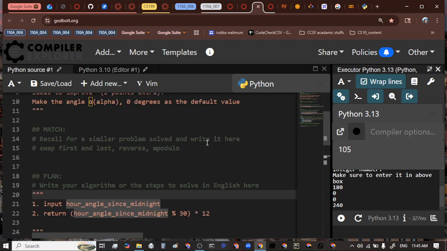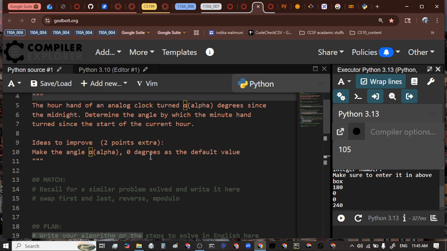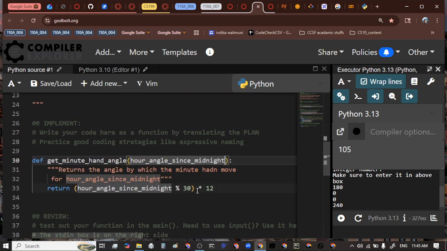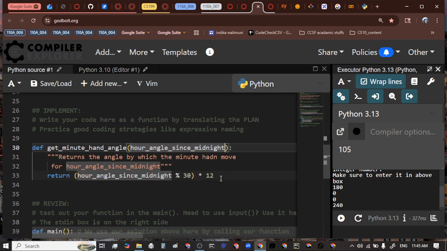So how can we make this default to 0 degrees? How can you make the angle alpha, which is this one, default to 0?